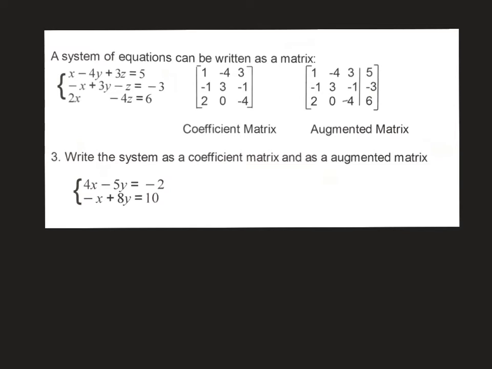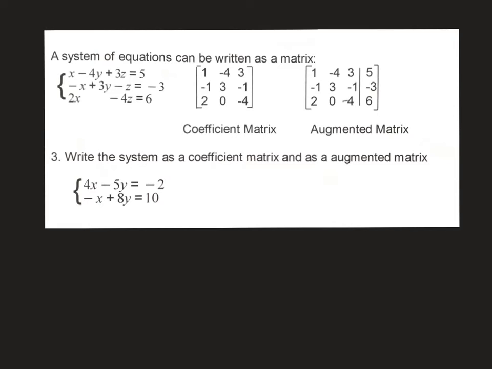So if we look at this system that we have on the left, x minus 4y plus 3z equals 5, negative x plus 3y minus z equals negative 3, and 2x minus 4z equals 6. So we're just taking all those numbers in front of those variables and turning it into a matrix. So our first row is just that first equation. We have a 1x, a negative 4y, a 3z.